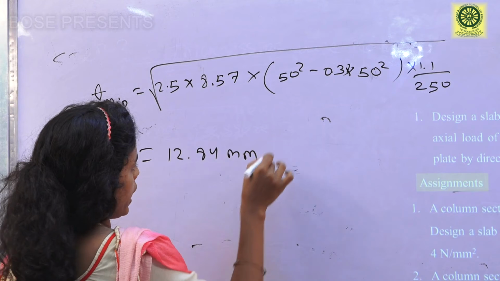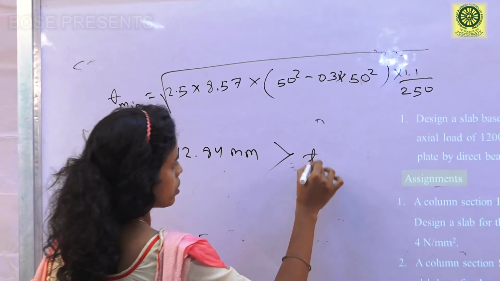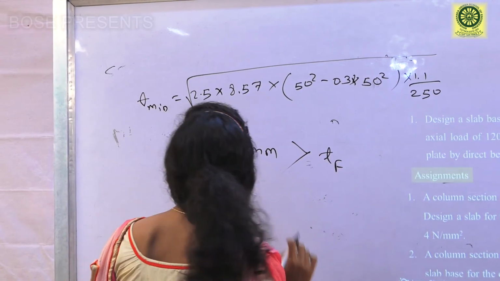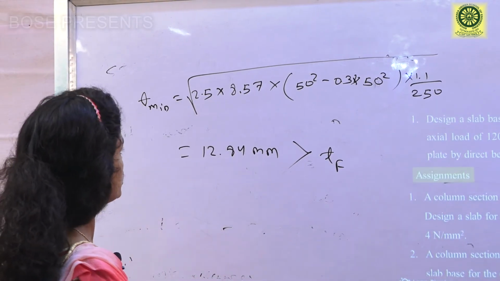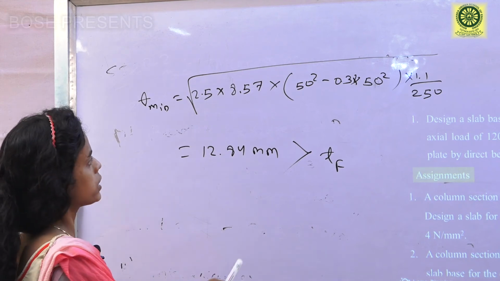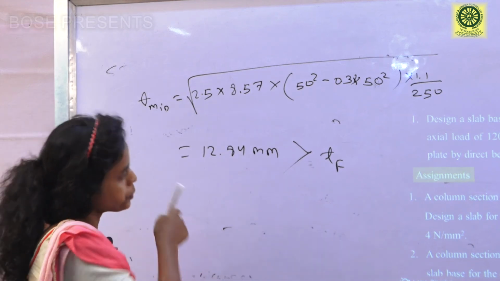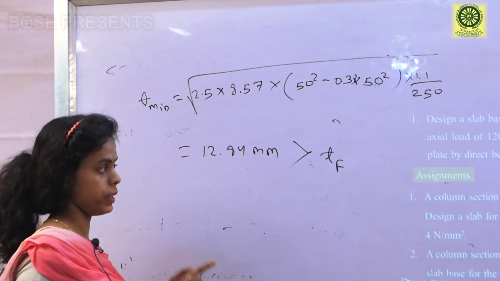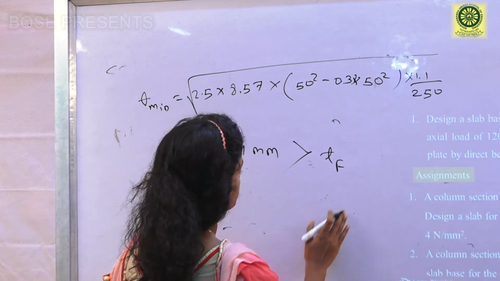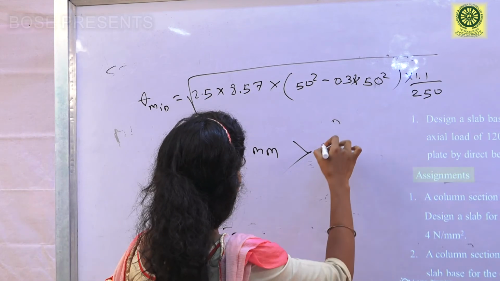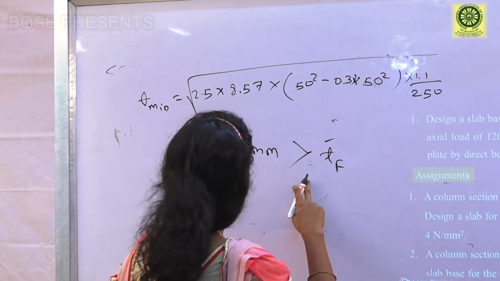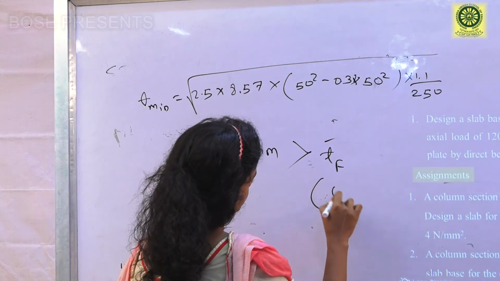mm, and that should be more than the thickness of flange. If it is not more than the thickness of flange, we need to redesign the section, like A and B, so like length and width of the base plate. As per the code, it is more than the thickness of flange, then it's okay.